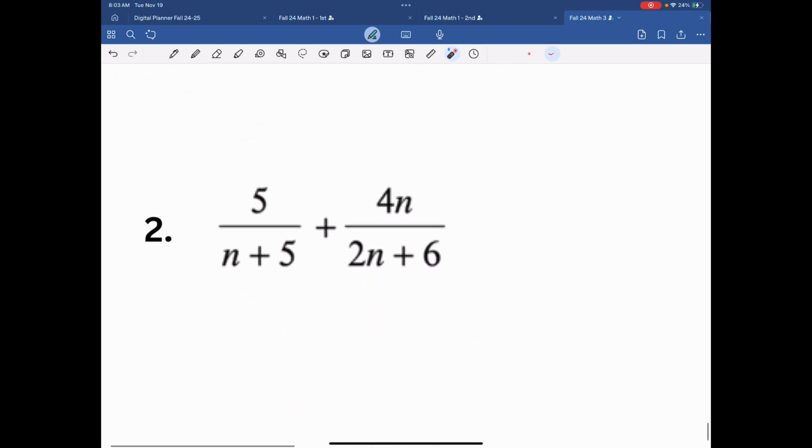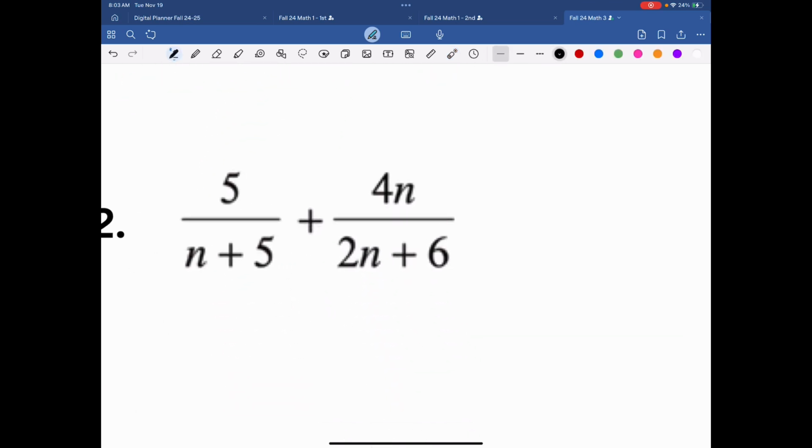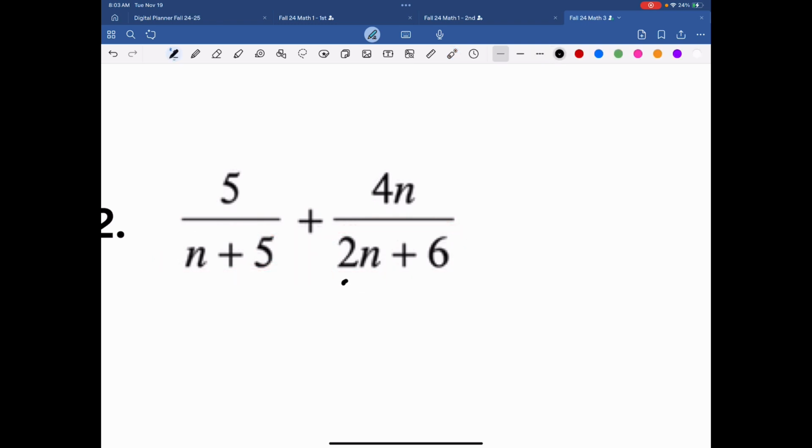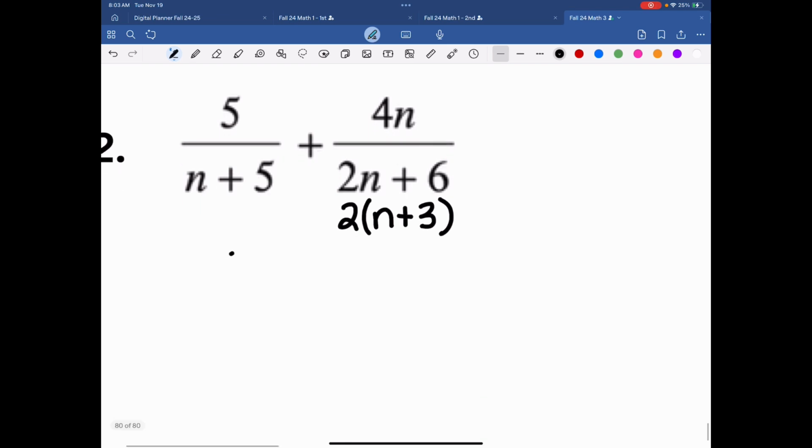All right, so looking at the next one, I see here that I have a denominator of n plus 5 and a denominator of 2n plus 6. Now, I absolutely can go ahead and GCF this and make it a little bit easier to see. In doing so, I can go ahead and simplify this. You can go ahead and simplify or not simplify.